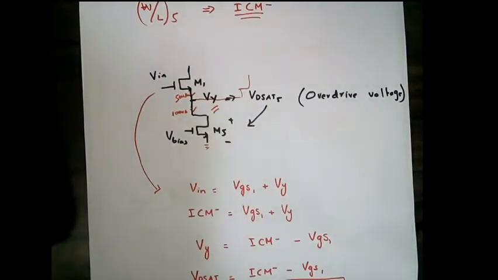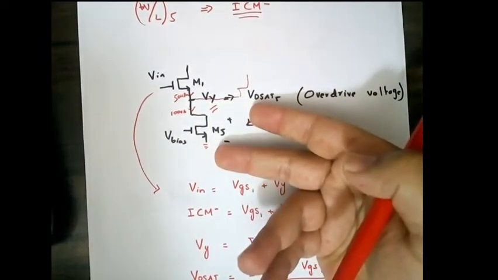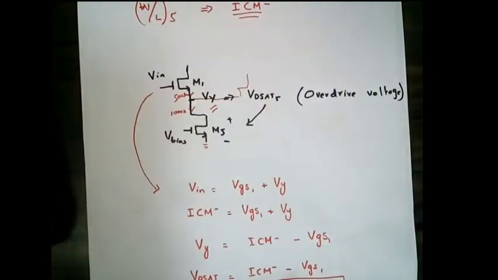The minimum VDS required to ensure the transistor stays in saturation is VDsat. If we find this potential, we can plug it into the current equation. We know the current here, we know mu and Cox, and we know the overdrive voltage, so we can safely find W by L.